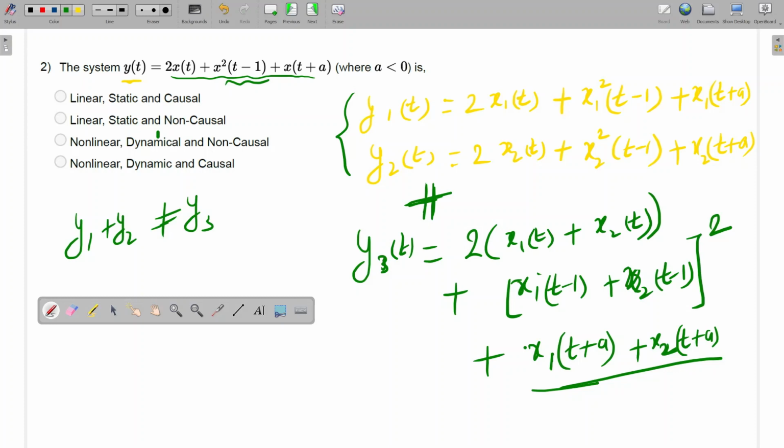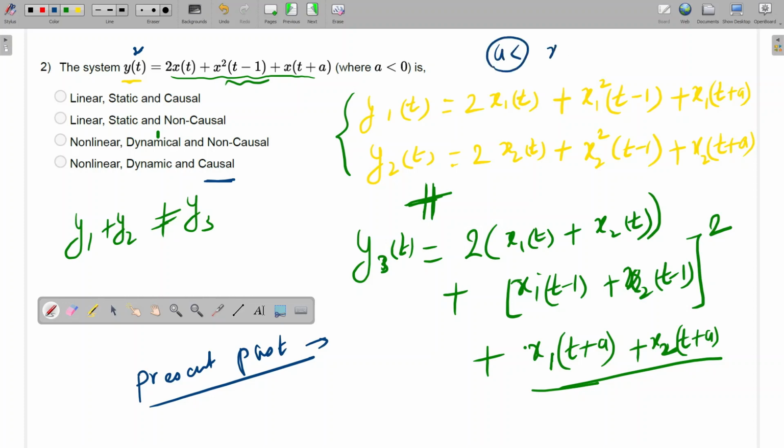Okay. And another thing is causal. So whether it is causal or non-causal. A system is causal if it depends on present and past values. If it depends on a future value, then it will be non-causal. At time t, if we put anything, let's say I'm putting y0, y0 means 2x0, x minus 1 plus xa, and here a is less than 0.